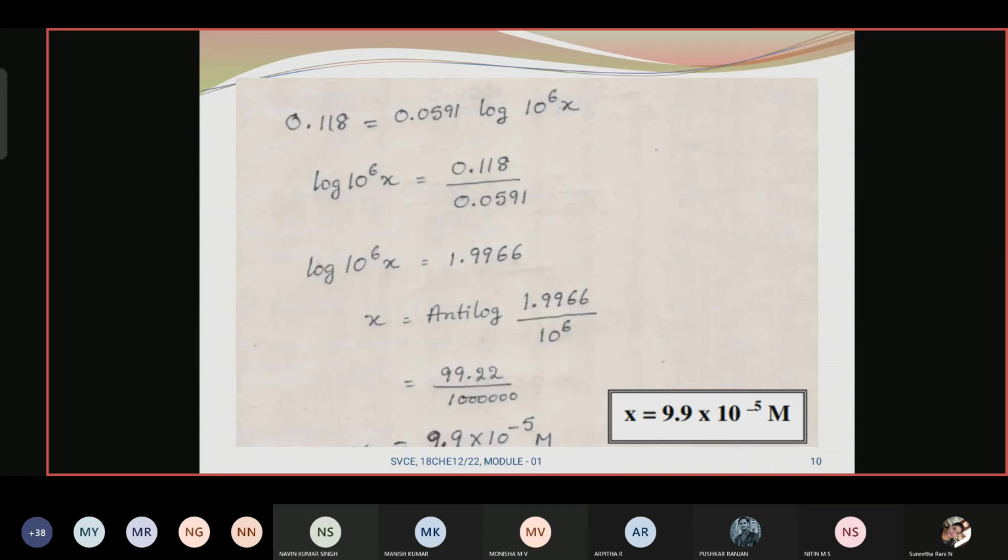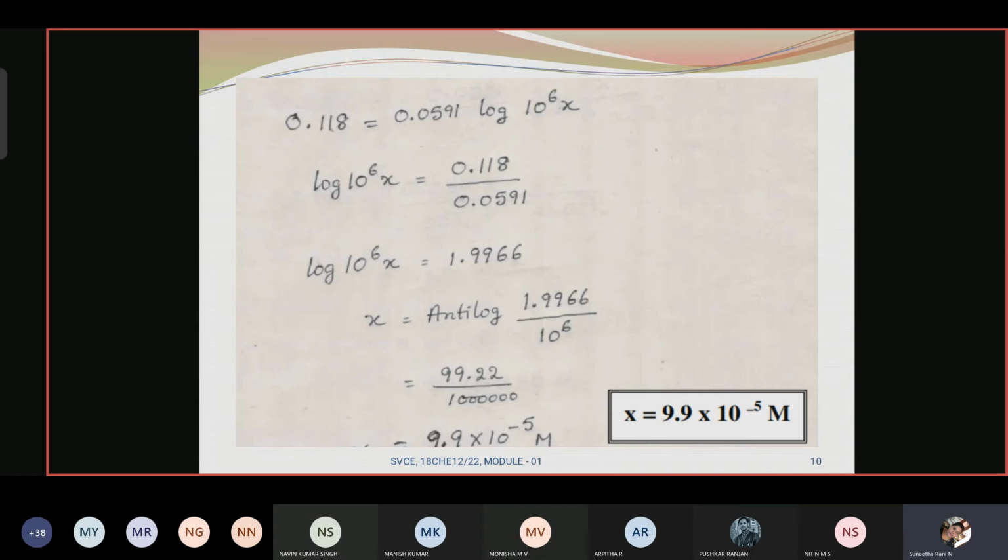Given E cell is equal to 0.432 volts and E naught G is equal to 0.0131 volts.